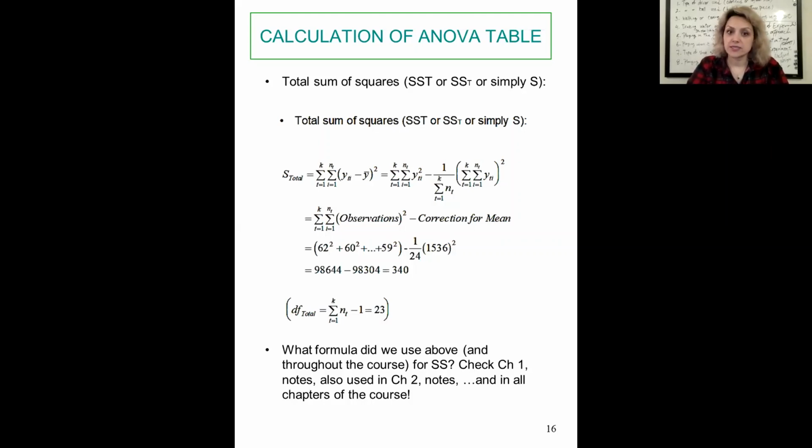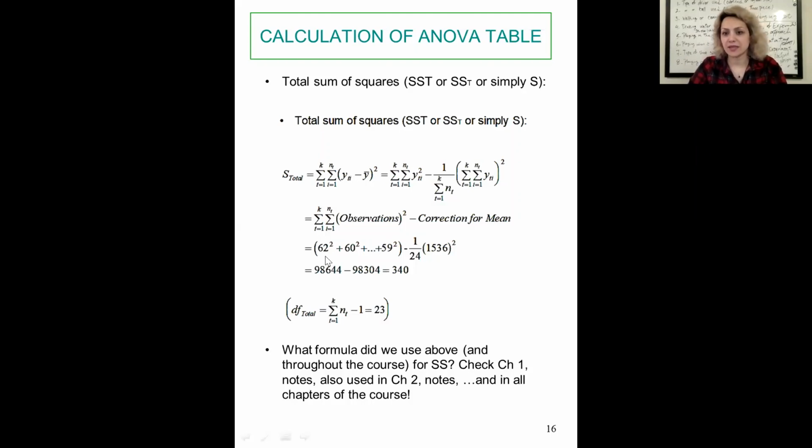The first thing is the total sum of squares, SST, or you can simply write it as S. In some books they call it the total corrected sum of squares because it has a correction factor for the mean. The total sum of squares is the sum of the squares of the observations.